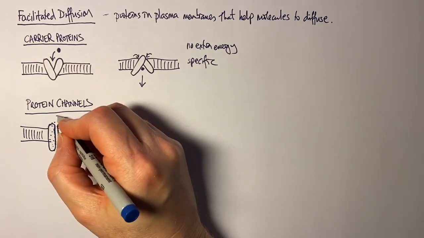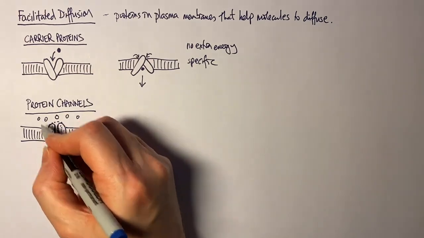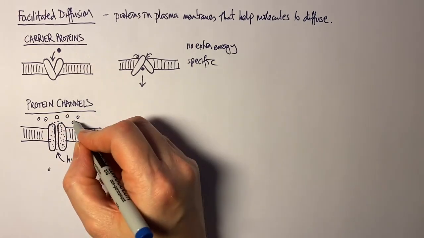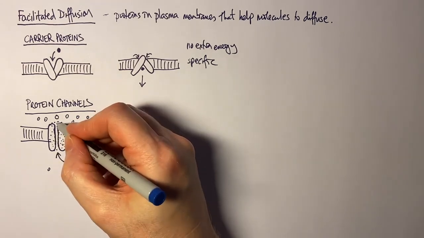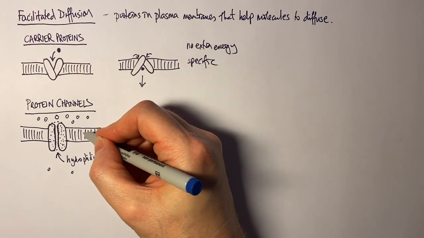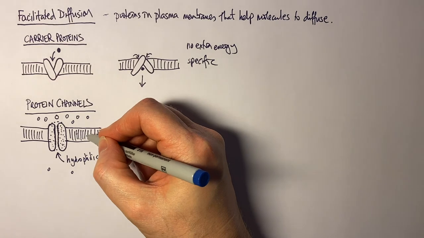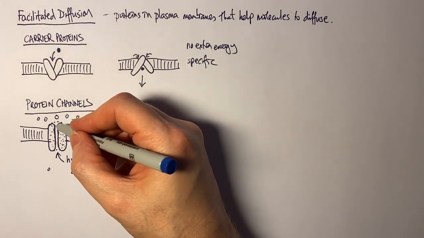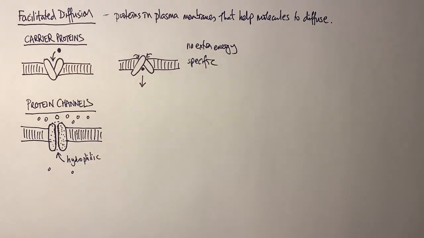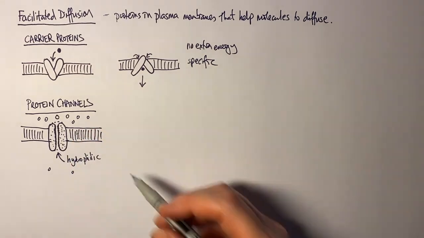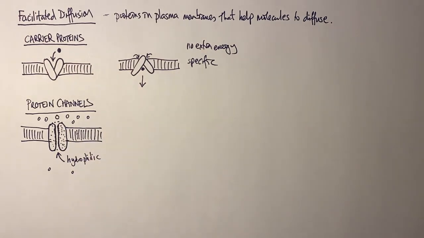So basically, if we have a molecule and it's in high concentration over here and low concentration here, then it will want to move across by diffusion, and it can't over here because there's a layer of hydrophobic fatty acid tails. But here there is a channel which is hydrophilic, and so the substances can move across down their concentration gradient and across the membrane.